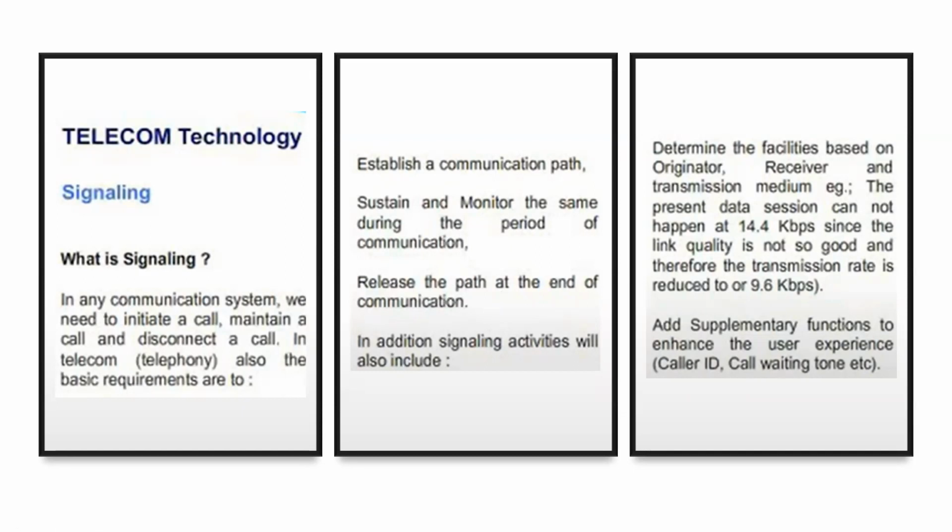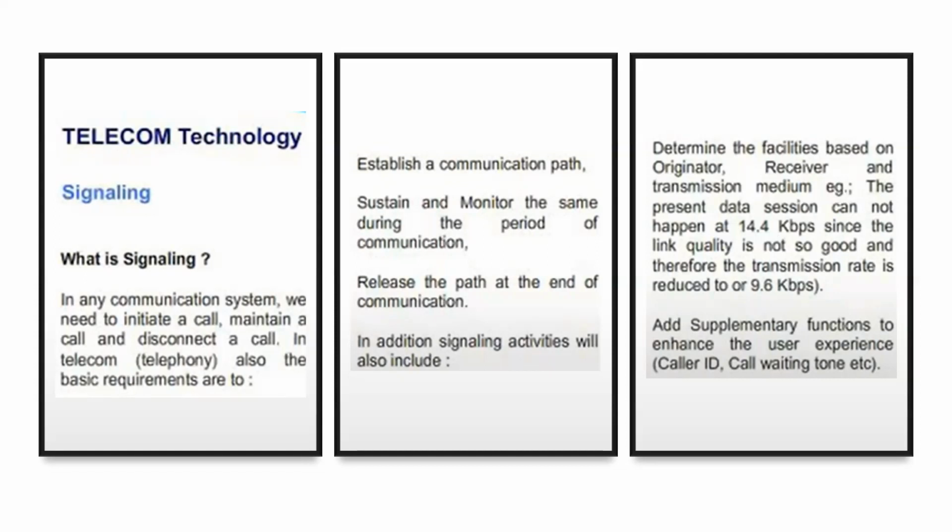There should also be some additional signaling activities. They determine the facilities based on originator, receiver, and transmission medium. Like the present data session cannot happen at 14.4 kilobit per second since the link quality is not so good, and therefore the transmission rate is reduced to 9.6 kilobit per second.